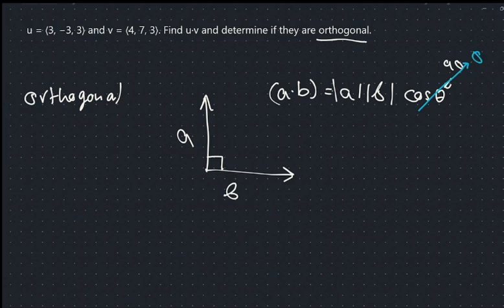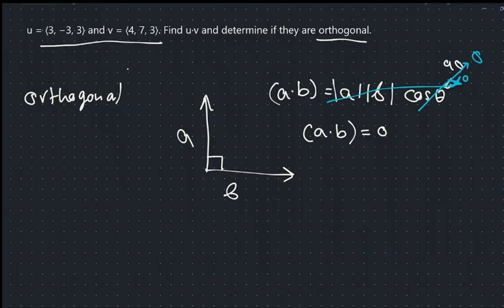Therefore, this whole thing is also equal to 0. Therefore, the dot product of two orthogonal, which means basically perpendicular vectors, is equal to 0. So if we found the dot product of these two vectors to be 0, then we will know that they are orthogonal.